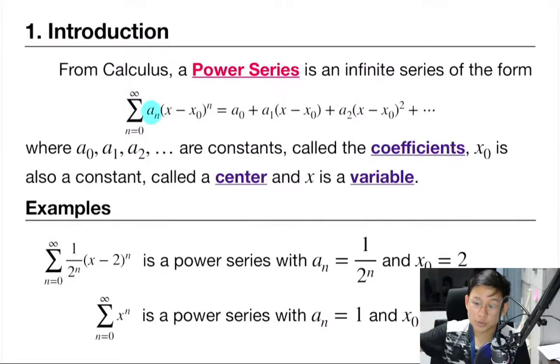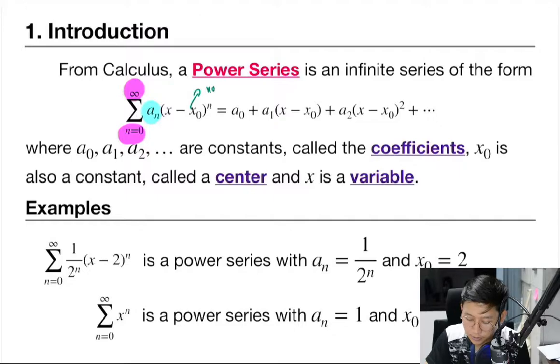It goes from n equals 0 to infinity, and then you have (x minus x0) to the n. This x0 is a number. It may be 5, it may be 2, it may be 3, it may be 0, but it's just a number. This is called a power series in x minus x0.